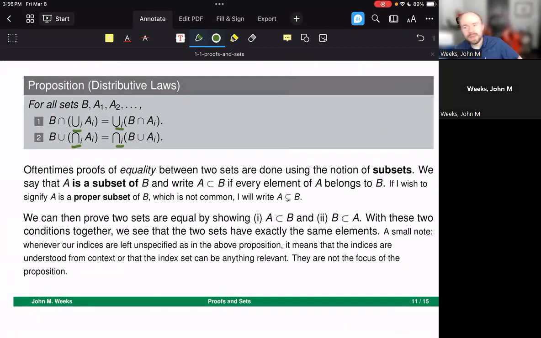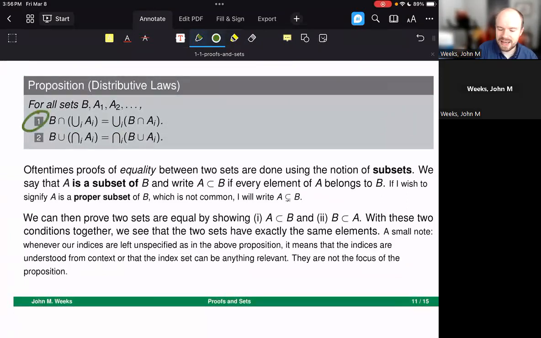Instead, I'm just saying this could be any arbitrary collection of sets that I'm unioning or intersecting. That is what is implied by this union or intersection sign with an i by it, where the indices are left unspecified. It's not the important part of this theorem. What's important is how these other symbols are working with each other.